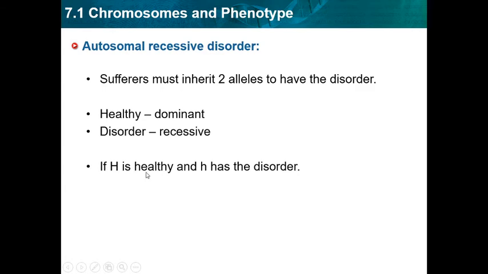For example, capital H is healthy and lowercase h has the disorder. So the genotypes for healthy will be capital H capital H, and heterozygous capital H lowercase h. This is healthy because we are talking about a recessive disorder. And the one with the disorder will be lowercase h lowercase h, okay, because it is recessive.